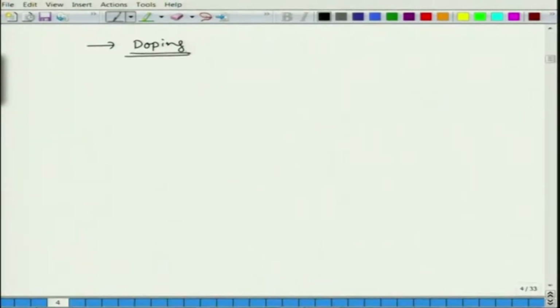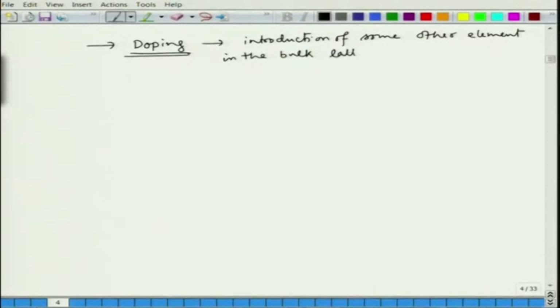So, that is why we need to introduce doping, and doping means introduction of some other element in the bulk lattice of pure semiconductor, and this introduction is in small quantity.